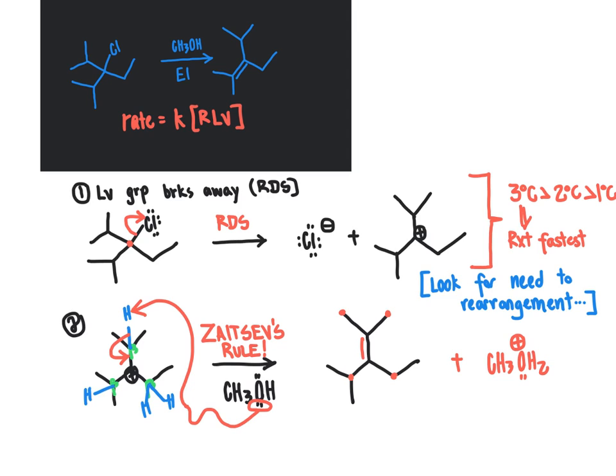And then what happens is once the carbocation forms here, that's where you start to get competition going on between elimination in step 2 of the mechanism, which is what we show here, and substitution, which would be where the methanol acts as a nucleophile, meaning that it is going to form a bond between the oxygen and the carbon atom.